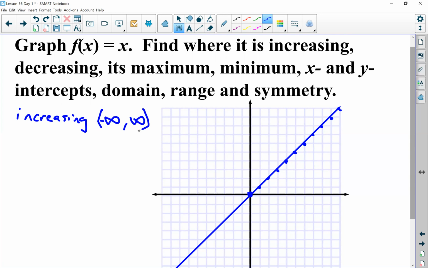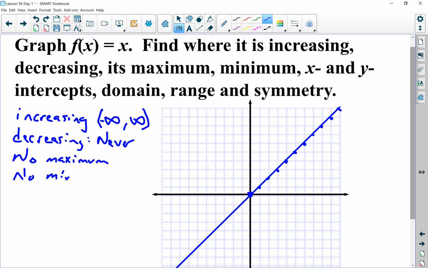It's never decreasing. Now that can change, obviously, depending upon what the slope is. It doesn't have a maximum or a minimum. So no maximum. No minimum.